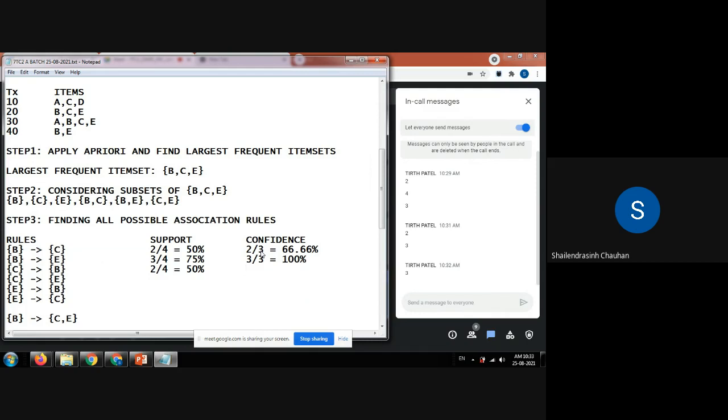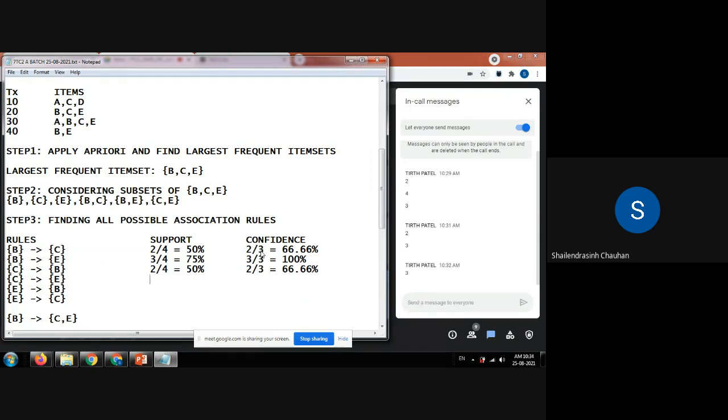Confidence: in how many transactions is C there? 3: 10, 20, 30. And out of those 3, along with C, B is also there in 2 only, 20 and 30. 66% of confidence you are having for this rule.